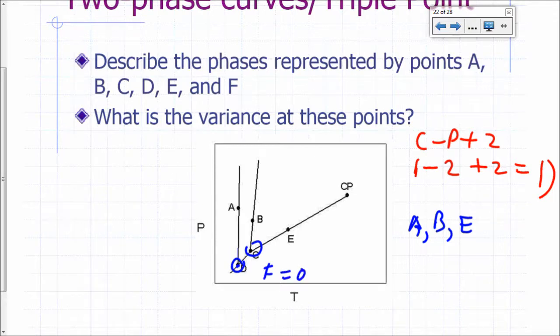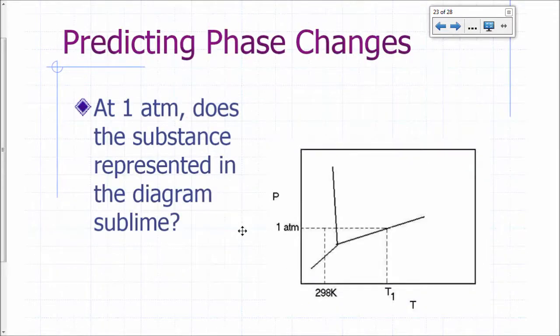Okay, all right, so let's take a look at this diagram. At 1 atmosphere, does the substance represented in this diagram sublime or not? What is sublimation? Sublimation is when changing directly from solid to a gas without first turning into a liquid.